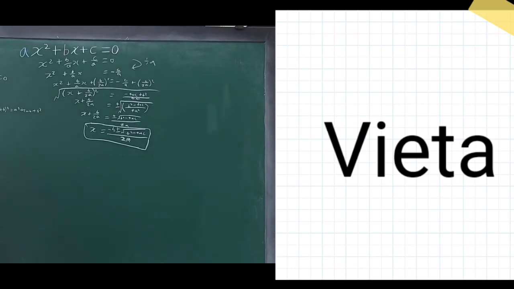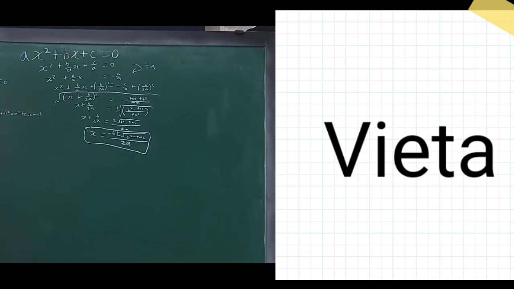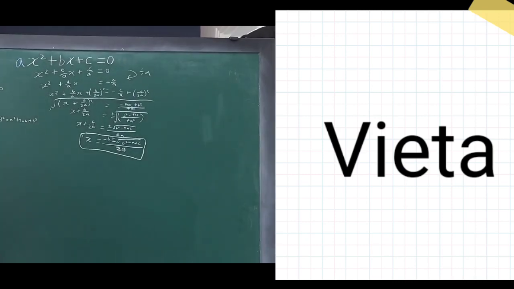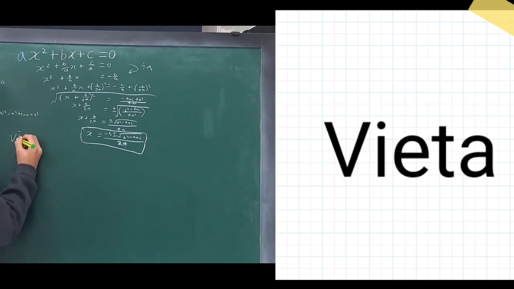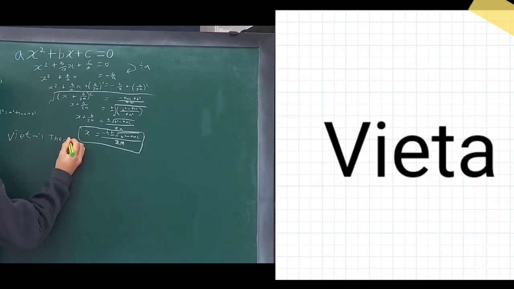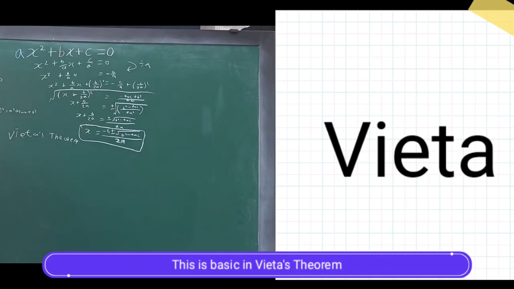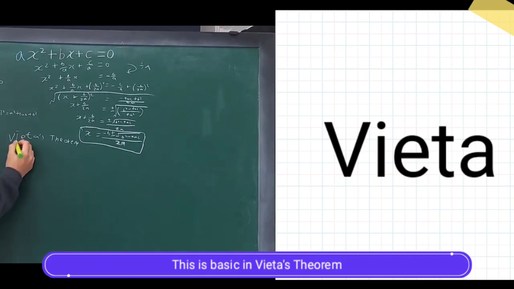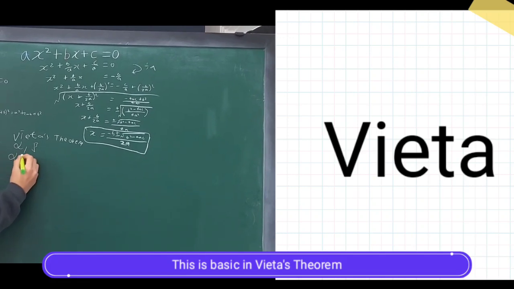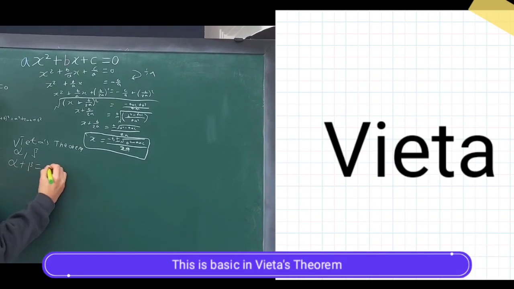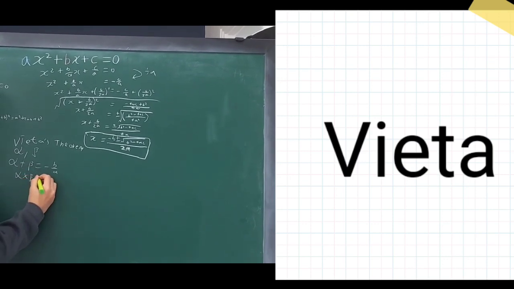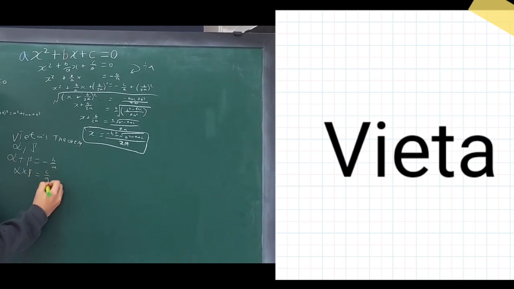Now before you watch the next video, I want to explain to you very basic Vieta. It's called Vieta's theorem, and it basically means that if one root is alpha and another root is beta, then alpha plus beta equals negative b over a, and alpha times beta is equal to c over a.